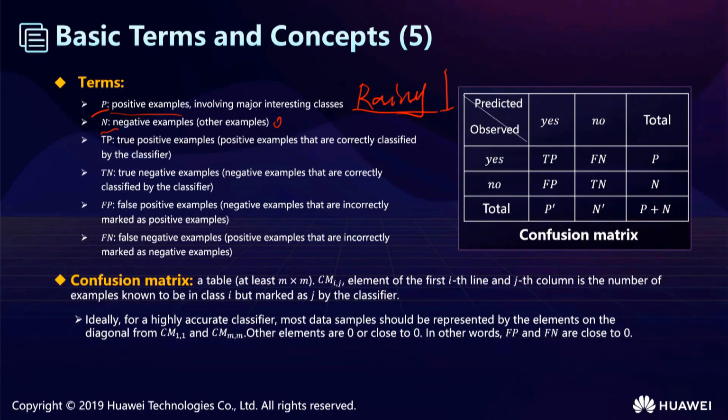A true positive example is a positive example correctly classified by our model. That means the prediction is raining and the real result is also raining, so the prediction is 1 and the real result is also 1. It will be the TP.